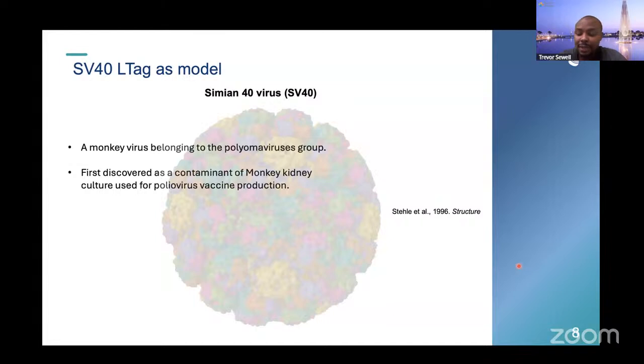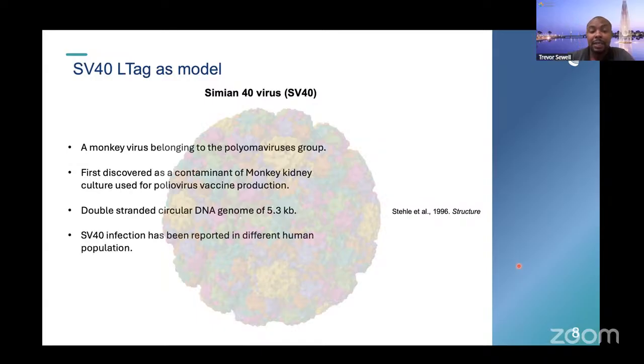This virus was first discovered as a monkey kidney culture contaminant during production of poliovirus vaccine. And then it's a double-stranded DNA virus with a circular genome of 5 kilobase pairs, and its infection has been detected in various human populations.